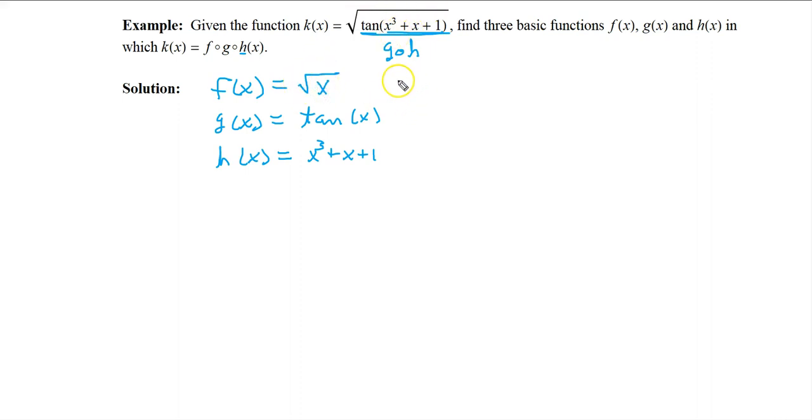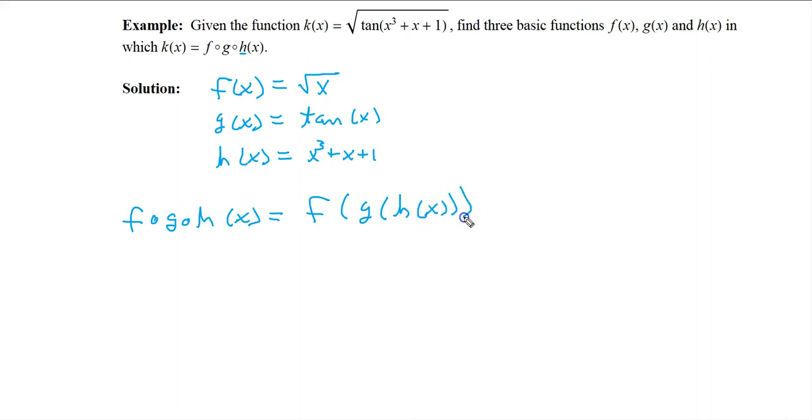And now let's just verify all of this. So if we evaluate f composed with g composed with h of x, this is going to be f of g of h of x. And this will equal, now the f is the square root, so this will be the square root of g of h of x.